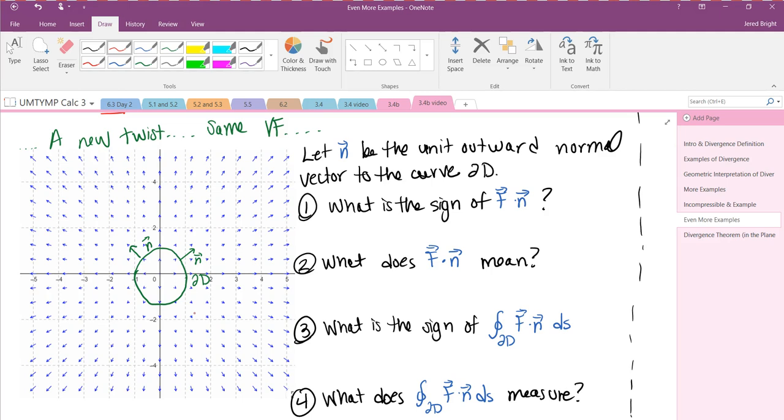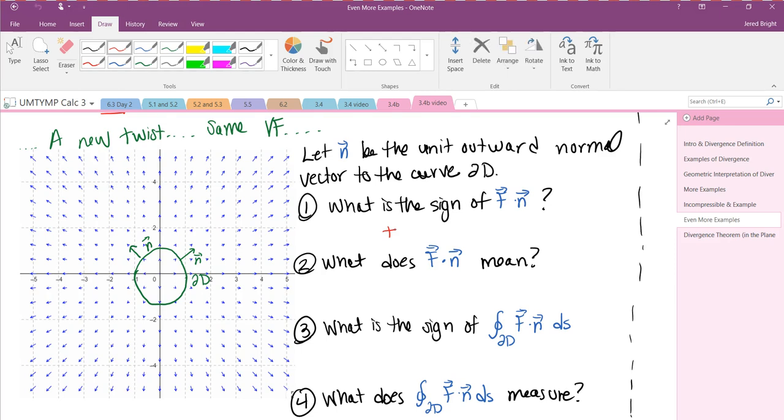So then the first question is, what's the sign of the vector field dotted with the normal vector? Well, I claim it's positive. Why is it positive? Well, that has to do with the dot product, right? If we think about the dot product, they're vectors in the same direction, so they should be positive.